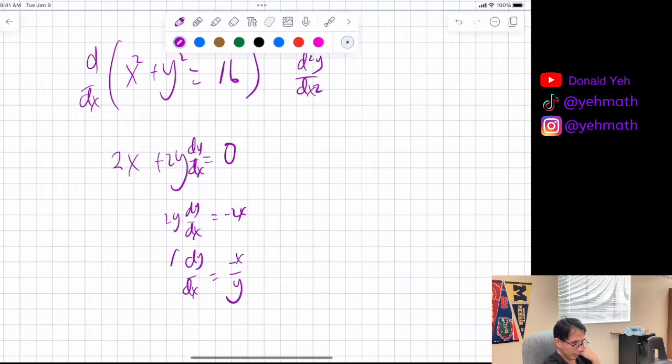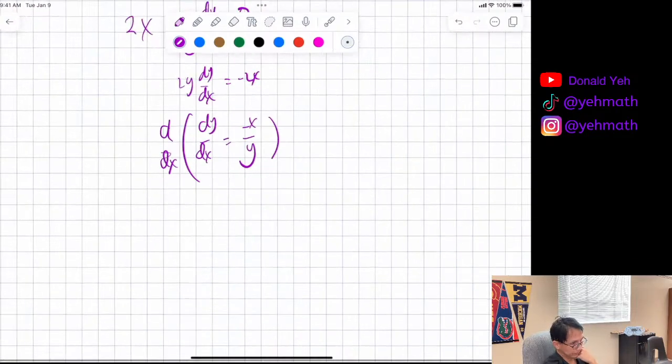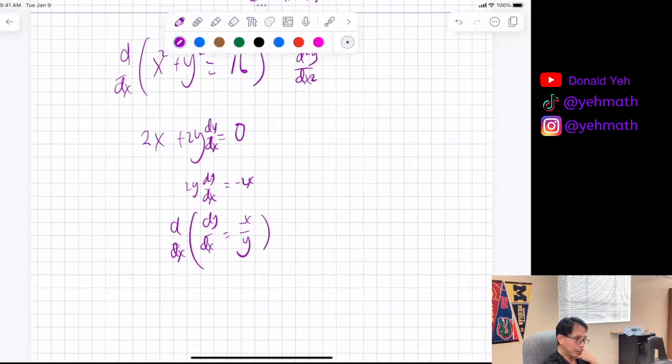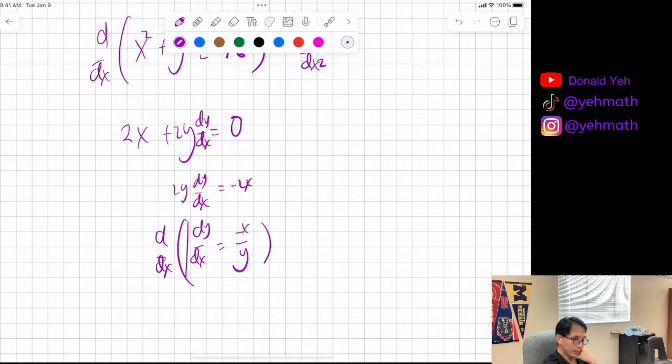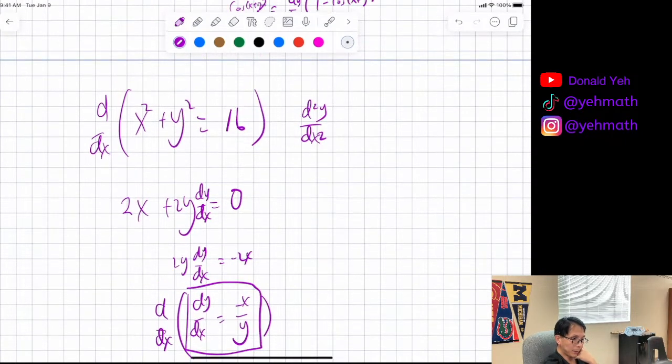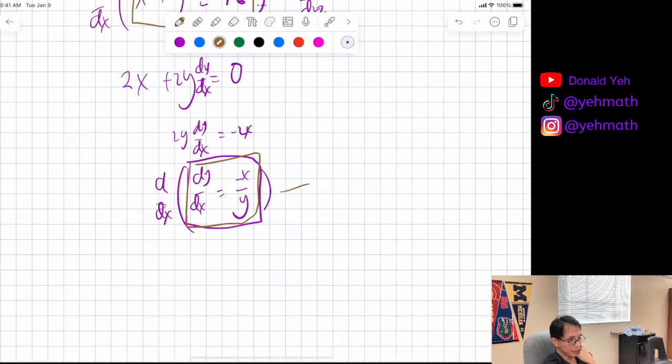Now I'm going to do the second derivative, which just means I take d dx again. Remember this, and also remember this. We're going to come back and use those two boxes eventually. But we're going to take a derivative of this first.